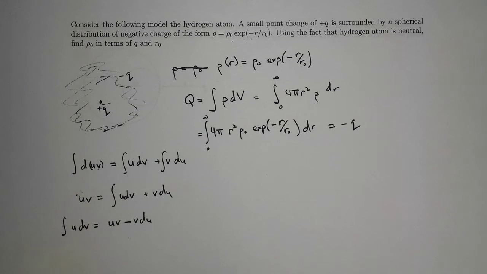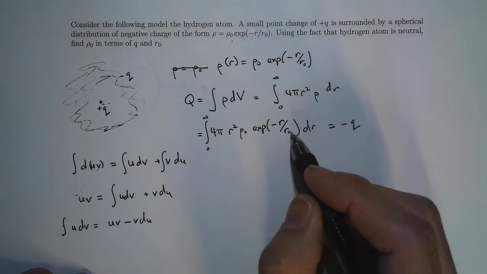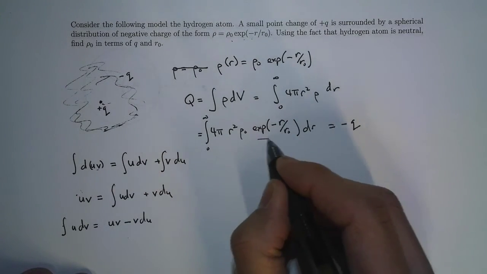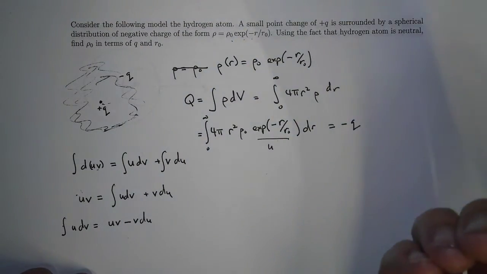Now this looks all pretty innocuous, until you start thinking about what is u and what is v. And for exponential problems like this, you want to choose this thing to be u and the something else to be v.